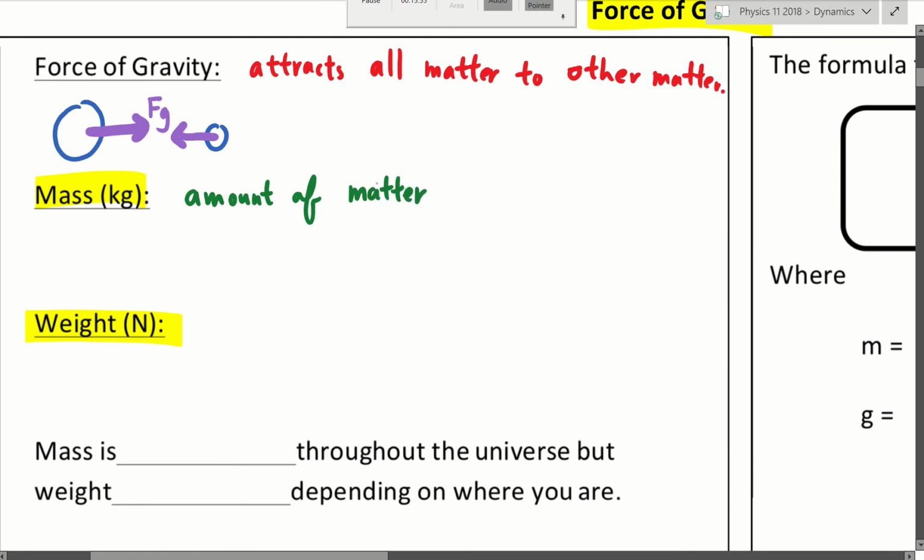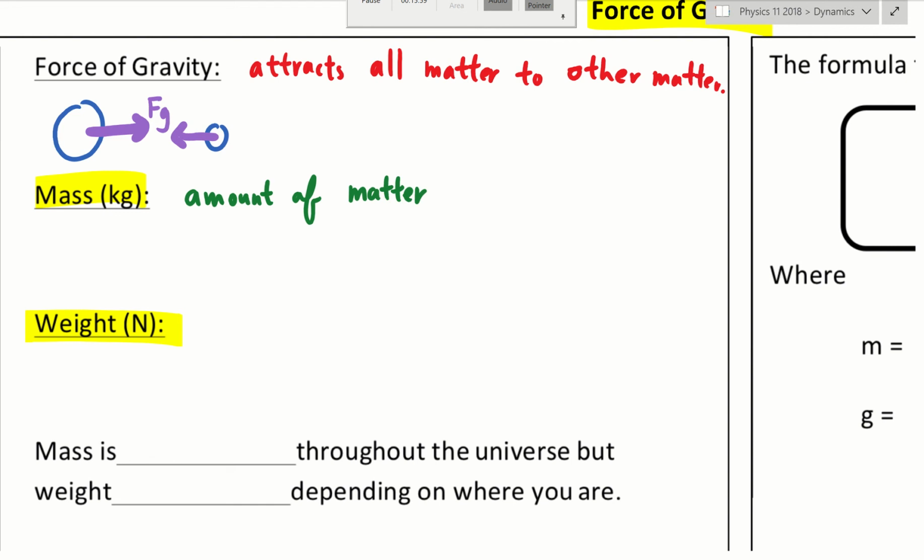Okay. Now, what is the matter? What is the matter in you? What makes up you? Well, elements, right? Everything you can see is made up of the elements. I mean, a human being, for example, is made up of mostly carbon, some water, so H2O, hydrogen, oxygen, nitrogen, but it's mostly carbon.